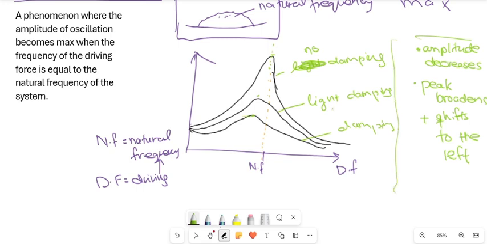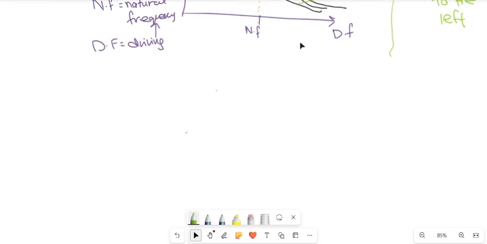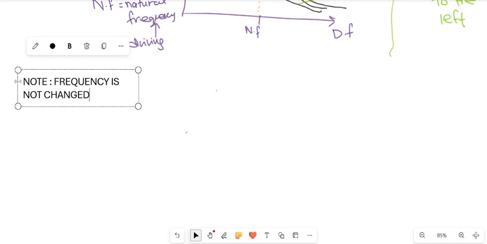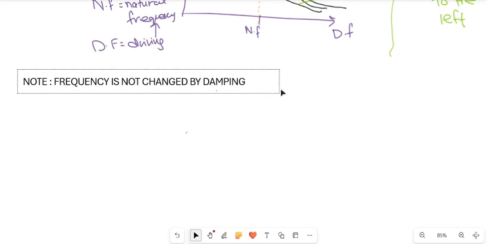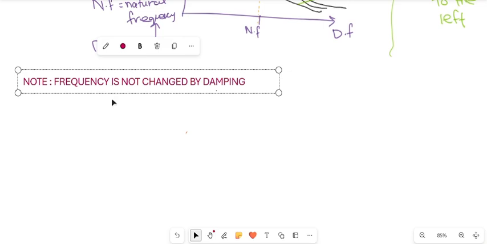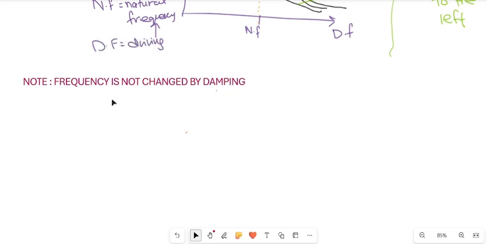But what happens to the frequency? And that is where I see a lot of students getting confused. Frequency is not changed by damping, and let me explain it to you through an example.